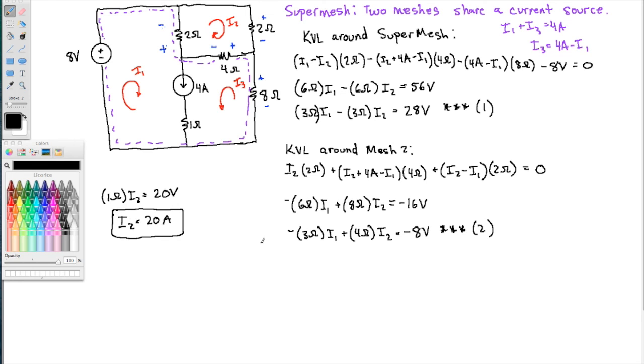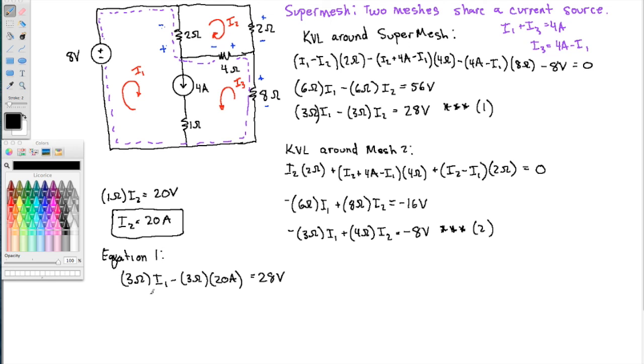We like that. And if I want I1, I can plug I2 into any one of these 2 equations. Let's just use the top one, equation 1. So I've got 3 ohms times I1 minus 3 ohms times 20 amps equals 28 volts.